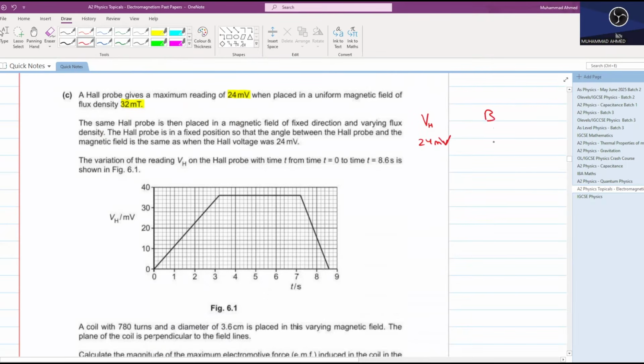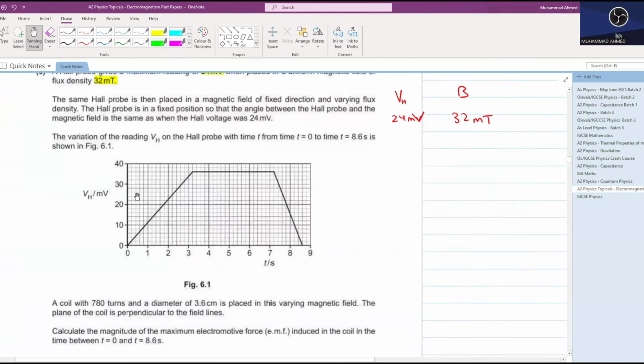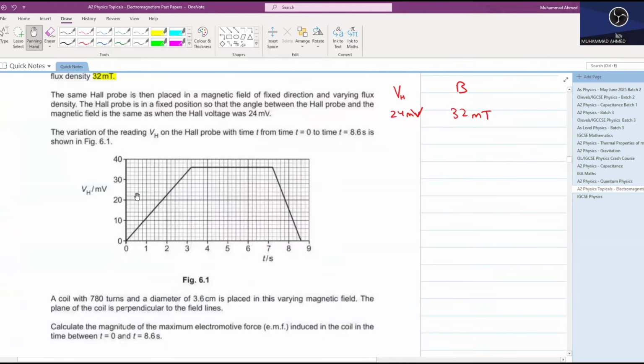If your magnetic flux density is 32 millitesla. The same Hall probe is then placed in a magnetic field of fixed direction and varying magnetic flux density. Okay, the Hall probe is fixed in a position so that the angle between the Hall probe and the magnetic field is same as when the Hall voltage was 24 millivolts.